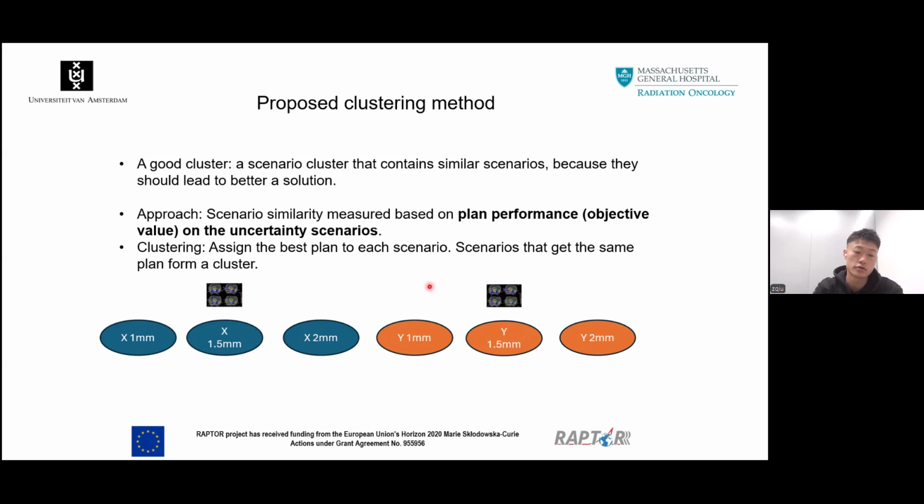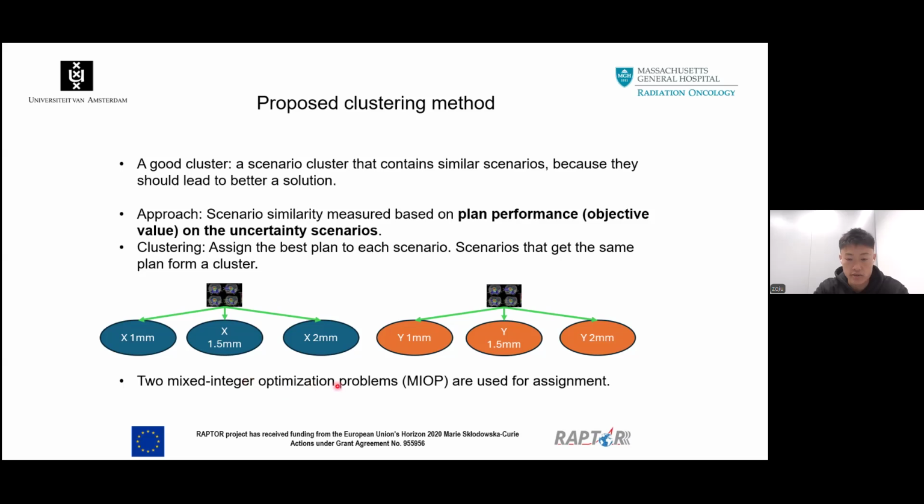So to each scenario, I assign a plan. And this assignment has to maximize the objective on the scenarios. And what would happen is that the plan created for X shift will be assigned to the scenarios generated with X shift. The plan created for Y shift will be assigned to the Y shift scenarios. And in the end, the scenarios that get the same plan go to the same cluster, and that's how we do the clustering.